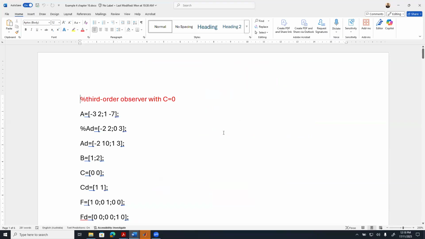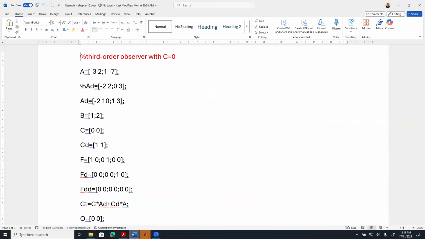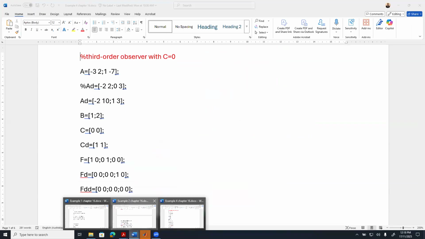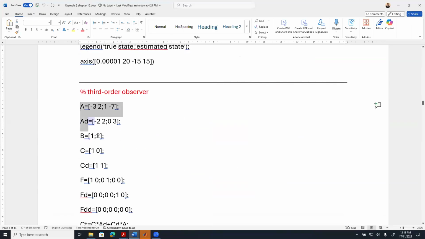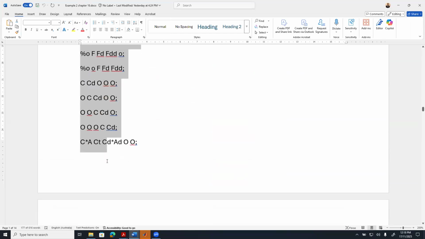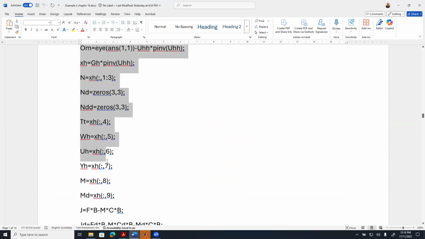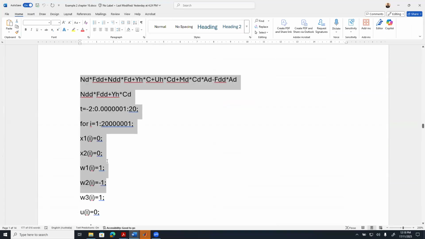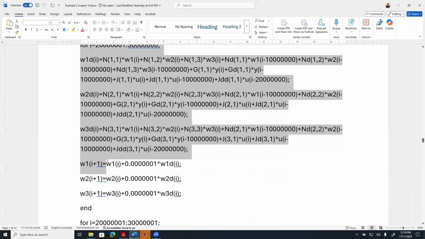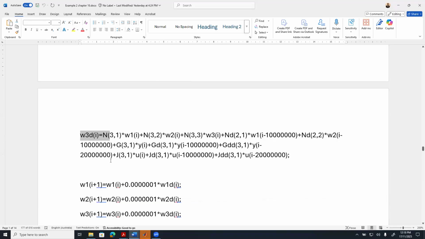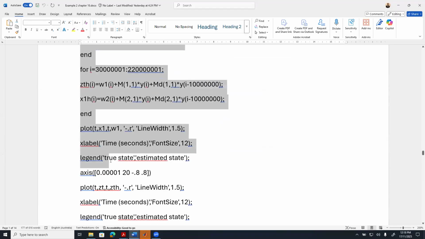And so let's have a look at simulation results. We also have a simulated result here. This is the third order observer. We only need to insert an extra functional, and that extra functional itself is really the delay stack variable x1.